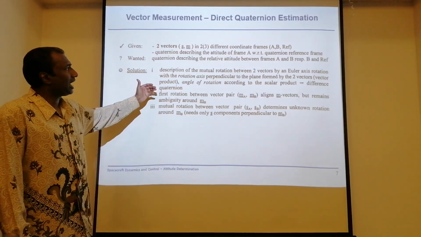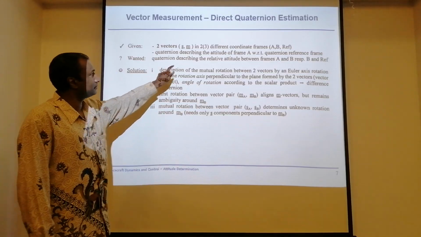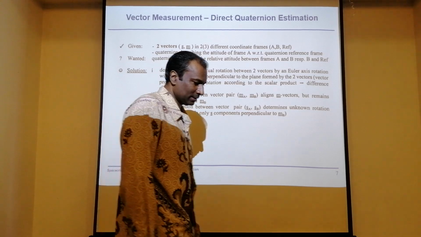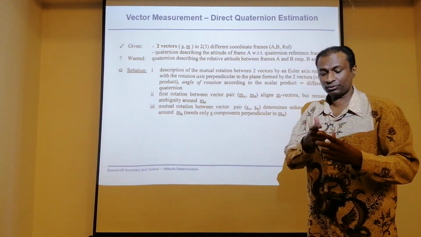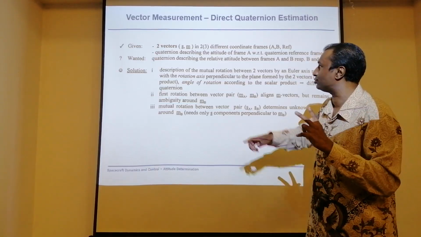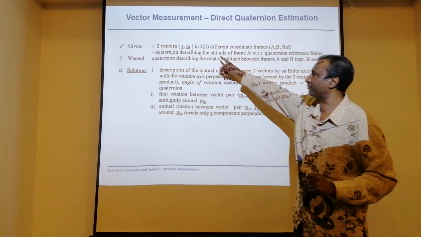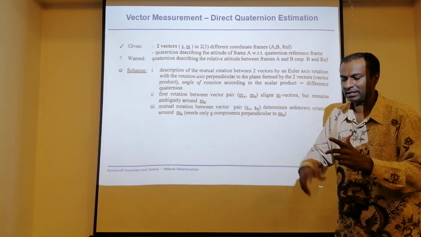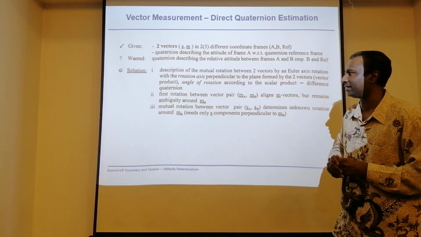How has this actually been done? Same method. Assume that another two measurements are there. So we have two measurements, as you can see. Each of those measurements produces different coordinate systems. So let's say I have two vectors. Practically you are forming a coordinate frame A, B, and the reference.